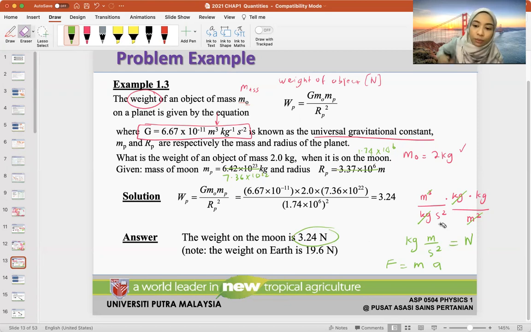Even though when we cancel we get kilogram times meter over second squared, the answer is still newton because it's the same thing. You can answer it as 3.24 kilogram meter per second squared. You can, but why make your life harder? Just use newton, which is simpler.